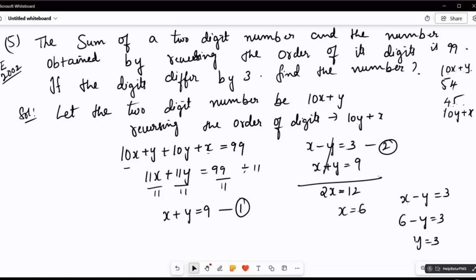So what is the number now? 6 and 3. 10x plus y means 10 into 6, 60 plus 3, 63 is the number. Understood? So the number is 63.